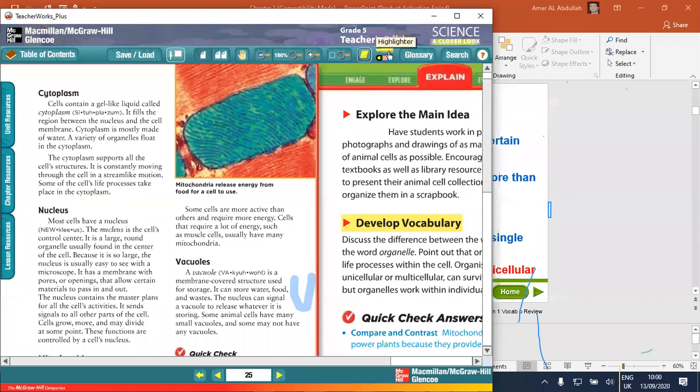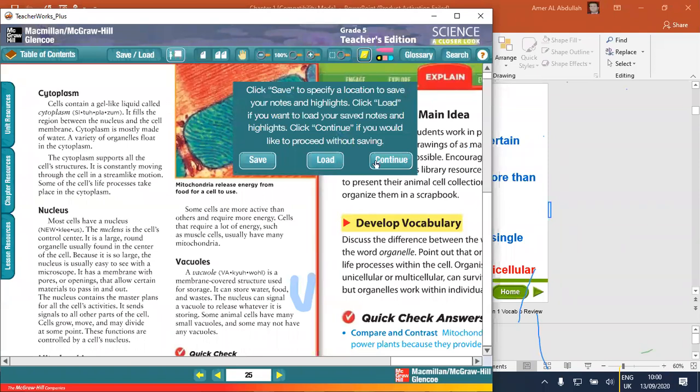It fills the region between the nucleus and the cell membrane. Cytoplasm is mostly made of water. A variety of organelles float in the cytoplasm.